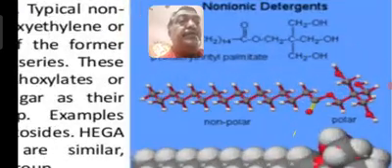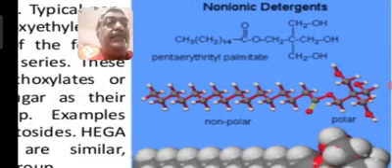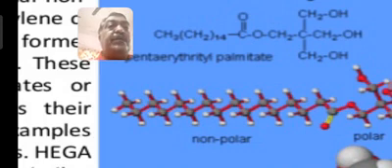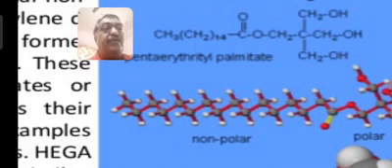Now with this we move on to the third type, non-ionic. So specifically I will take an example to make this point clear. You can see here CH3 CH2 14 times COOCH2 attached to the CH2OH CH2OH CH2, a trihydric alcohol molecule with a central carbon attached with a long chain hydrocarbon.